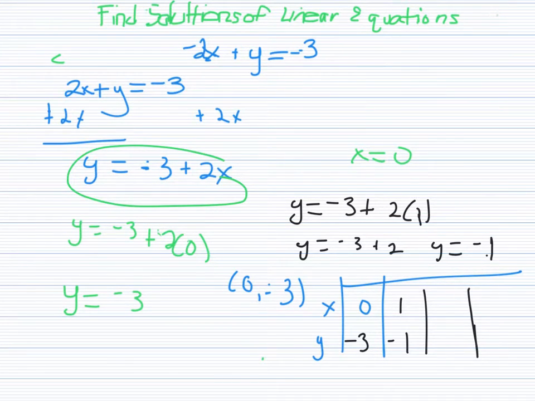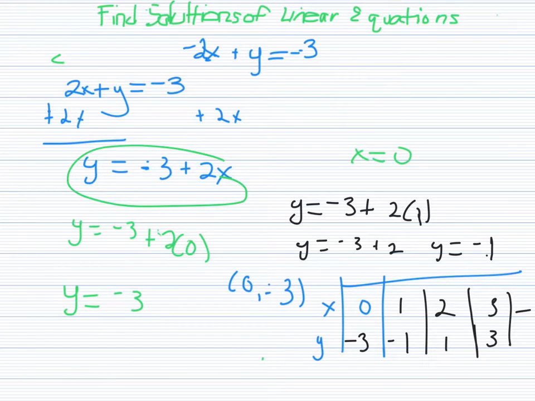And we could keep going all the way. We could do 2, and we would end up with 1. We could do 3, end up with 3. We could then start on negatives. We could do -1 and -2.